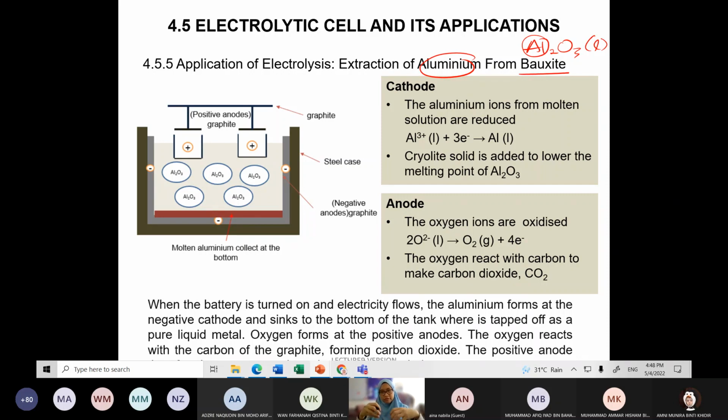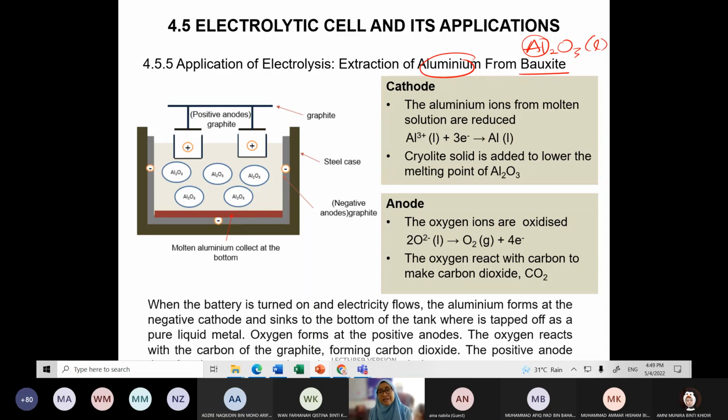So we can separate: aluminium 3+ will be moving towards the cathode, while oxide will be moving towards the anode and oxidize. That's the plan, very simple. But one thing you have to consider is that to make it molten, you have to melt the bauxite, and the temperature needed to melt bauxite is 2000 degrees Celsius and above.